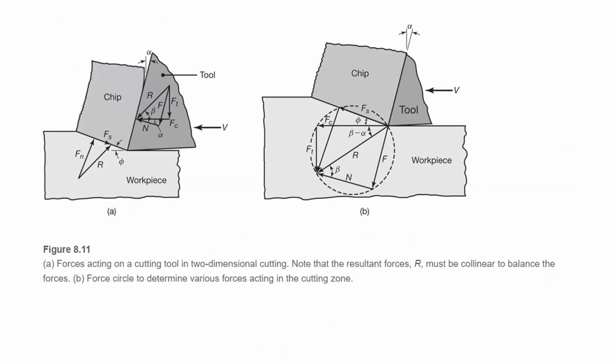So T0 is the uncut chip thickness, right? T0 multiplied by my V, the cutting speed, equals my T multiplied by my VC. Why? Because the mass is conserved. Do you agree?